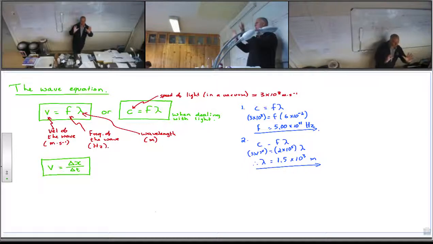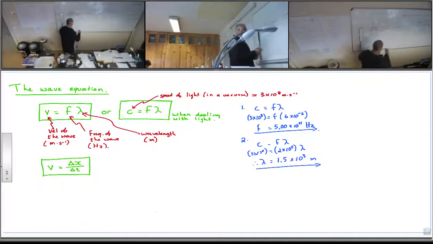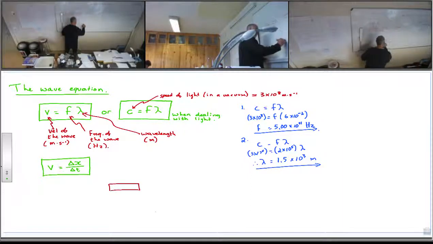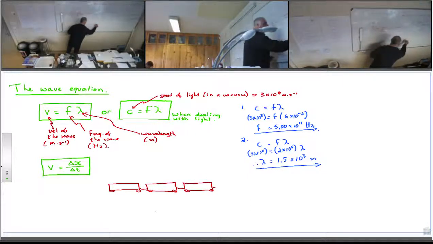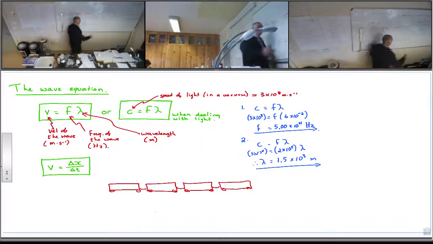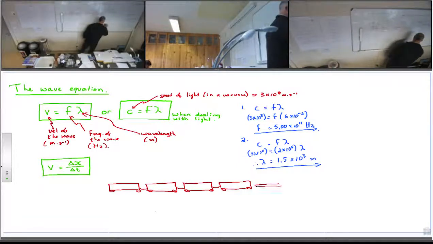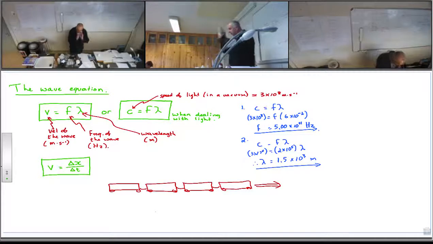I want you just to stop and think of a train. Okay? Let's say we had a train, real super fast train. This train is traveling this way. And you're standing at a station looking through a narrow gap.